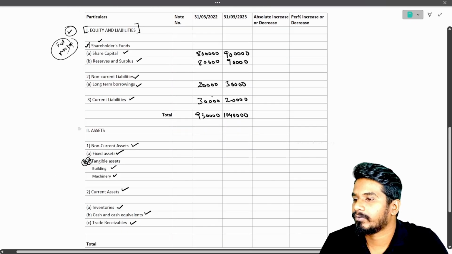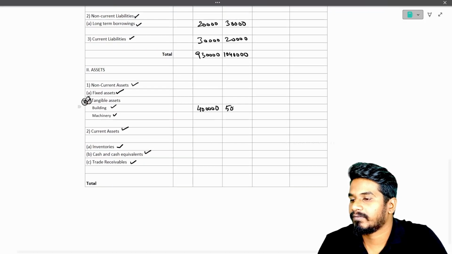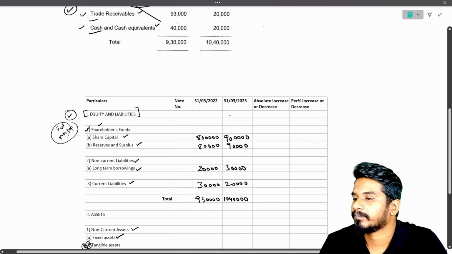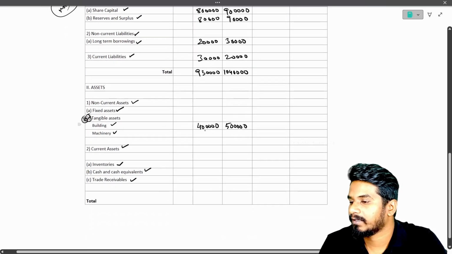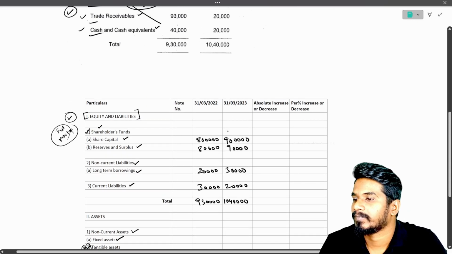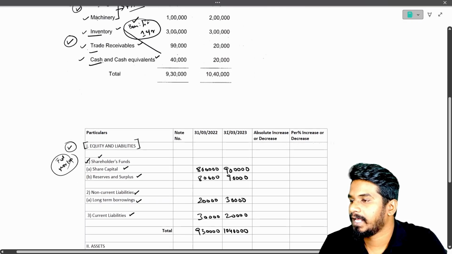And building 4 lakh for 22, 5 lakh for 23. And machinery 1 lakh and 2 lakh. And again inventory 3 lakh, 3 lakh.